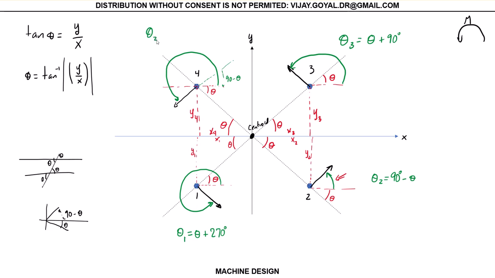So angle 4 would be 90 minus theta plus 180, which gives you this angle right here. Or you can also say this is 270 minus the angle theta, so basically you're going all the way from here and subtracting that angle.